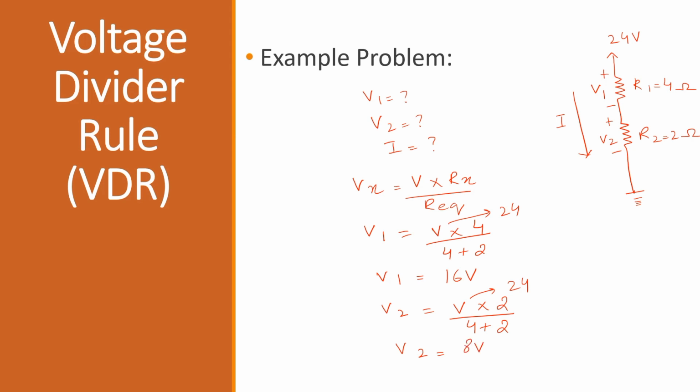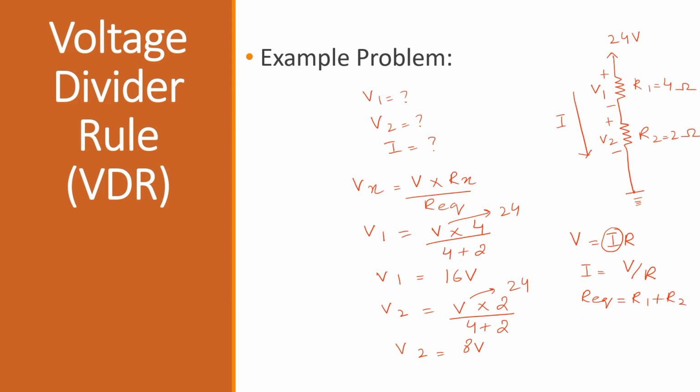Now, from Ohm's law, we know that V is equal to IR. Now, we have to find I. So, I is equal to V divided by R. Since these two resistors are connected in series, therefore R equivalent is R1 plus R2.